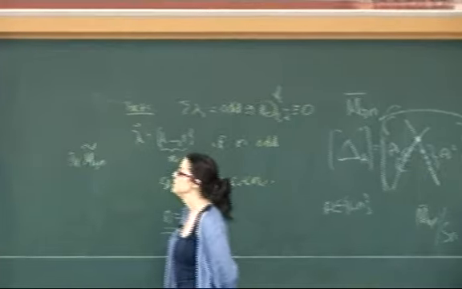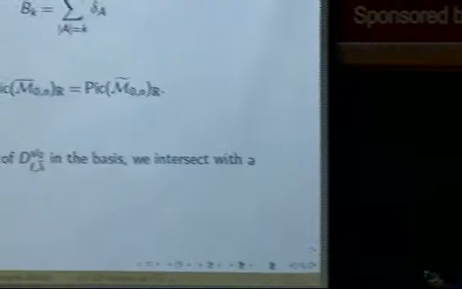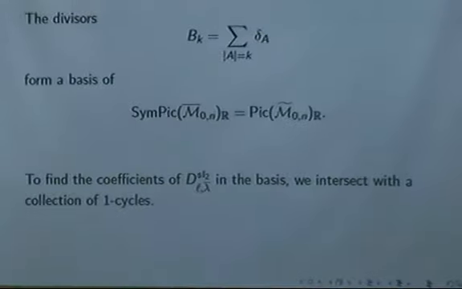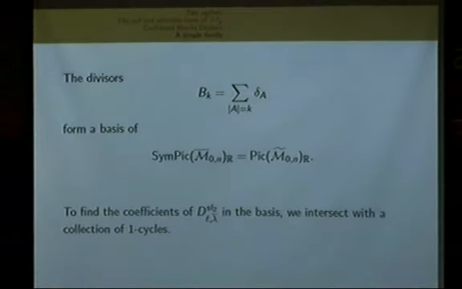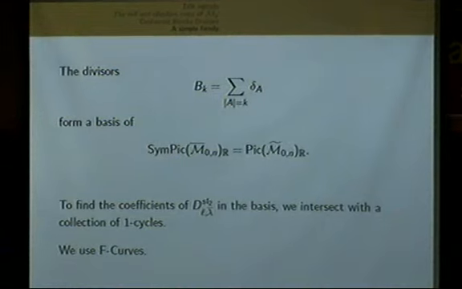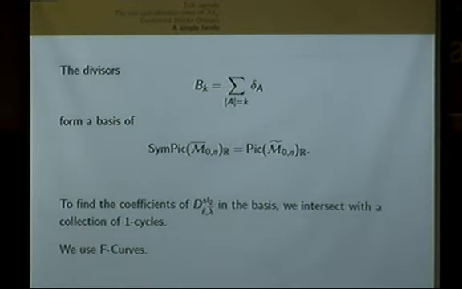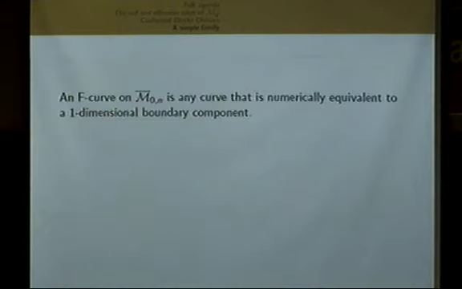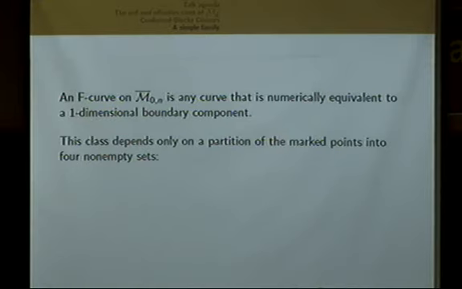Okay. So I'm going to give you formulas for these divisors in terms of that basis. And so to do that, we need to know how to intersect the divisors with curves. And so we're going to use a collection of curves that are called F-curves. They're one-dimensional. They're any curve that's numerically equivalent to a one-dimensional boundary stratum. Okay, so an F-curve is any curve numerically equivalent to a one-dimensional boundary component.